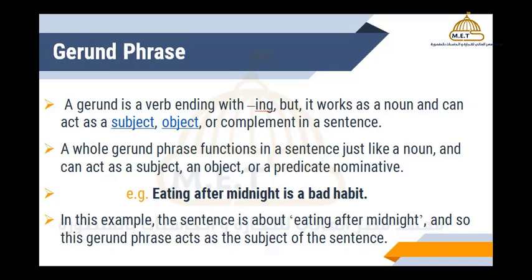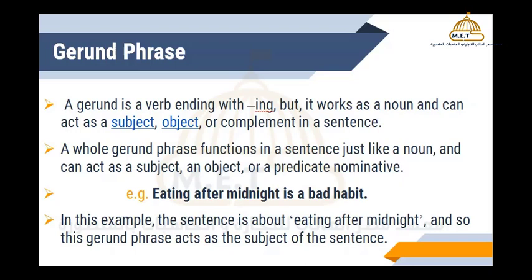الجيرند phrase طبعا بتتكون من الجيرند ده, بس ممكن تبقى noun, ممكن تبقى act as a subject, an object, or a predicate nominative. المثال عندي بيوضح eating after midnight is a bad habit. طيب انا عندي الverb مش eating, الverb عندي is, لان eating after midnight دي هي اللي الجملة بتتكلم عنها, اللي هي الجيرند phrase act as a subject.